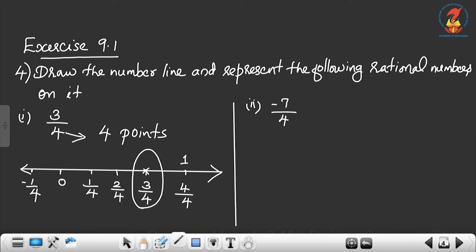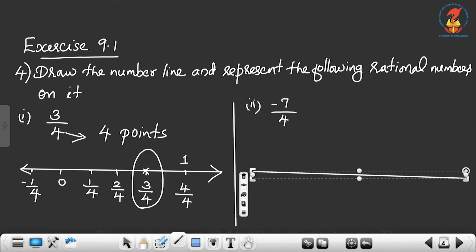Now, next one is negative 7 by 4. Draw the number line. Put the arrow mark. So, it is a negative rational number, negative 7 by 4. So, we can move the 0 to the right end. Okay. So, we need the negative part. Now, look at that, the denominator is 4.